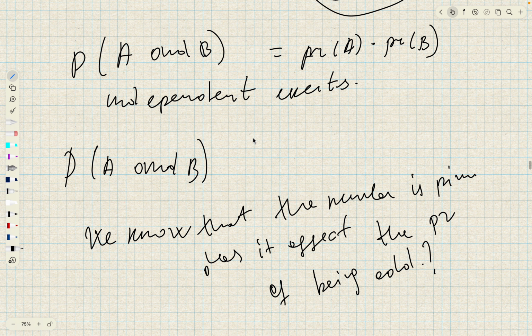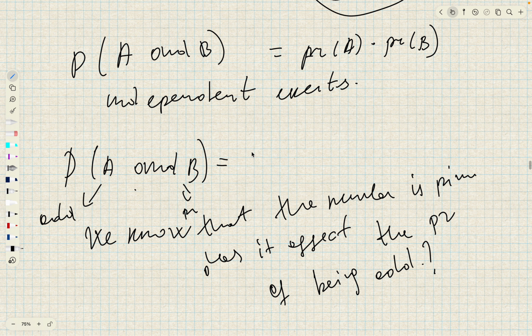So in this case, what we are trying to calculate is, for example, the probability of A and B occurring simultaneously, where, let's say, A is odd and B is prime.